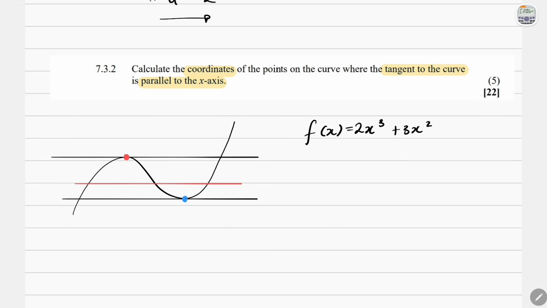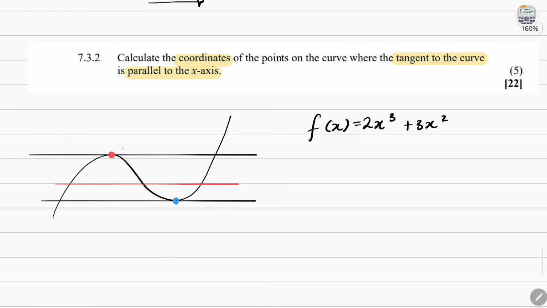We have to keep in mind that in any curve, at the turning point, the gradient of the tangent to this curve is equal to 0. So we'll find the gradient of this function. f prime of x equals 6x squared plus 6x.